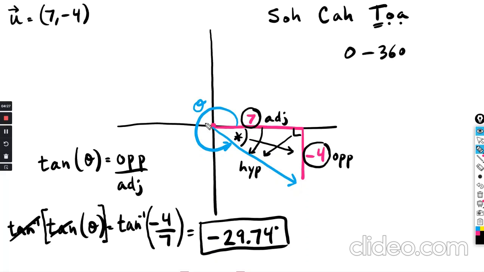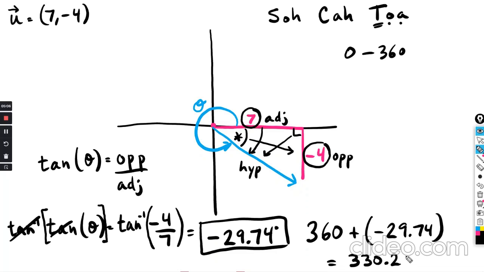So I'm going to add this to 360, because once around the circle is 360. 360 plus this answer is 330.26, and that is my final answer.